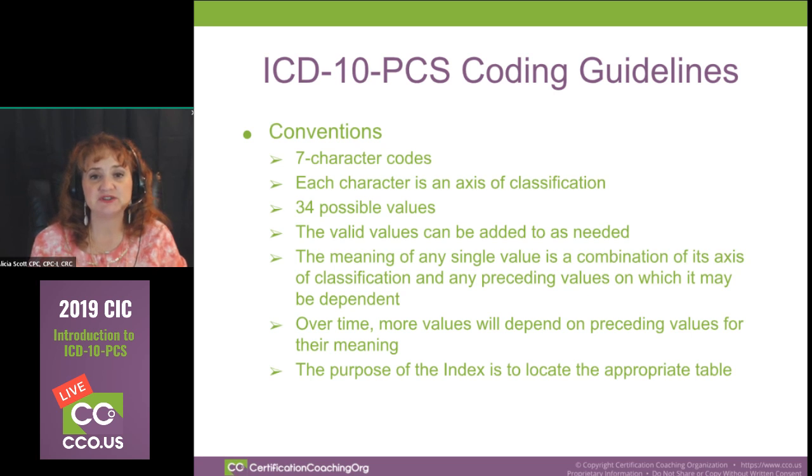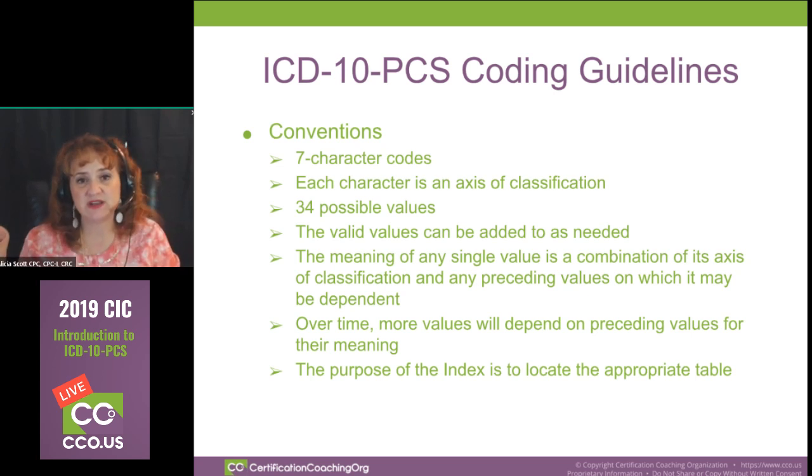Each character is multi-axial, so if we don't get the right root operation, then if that root operation cannot be done to that body part, then that body part will not be listed. Each one of your characters, all the following characters, is dependent on that code.